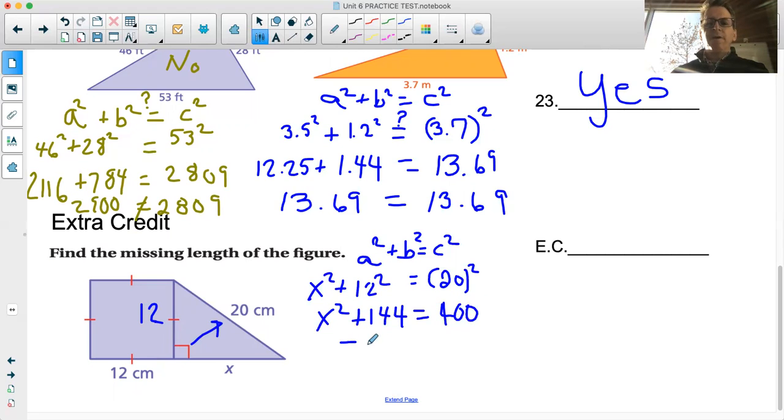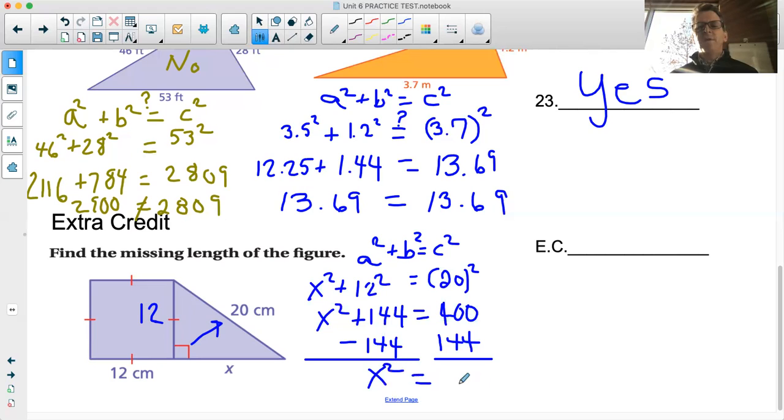Now we're going to solve for x by subtracting 144 from both sides. 400 minus 144, we get x squared is equal to 256.